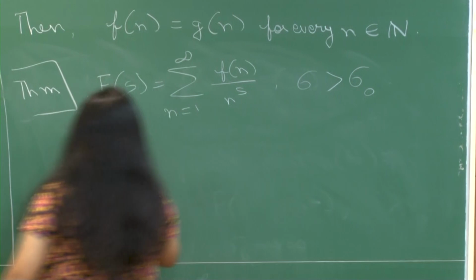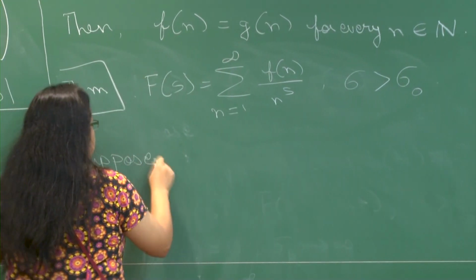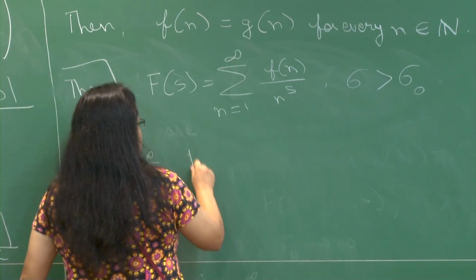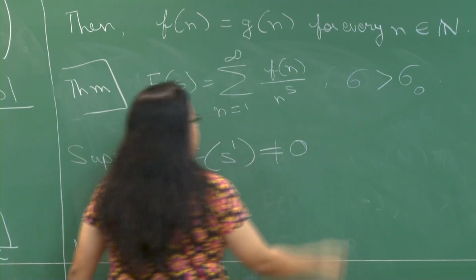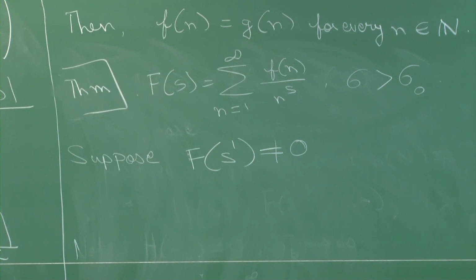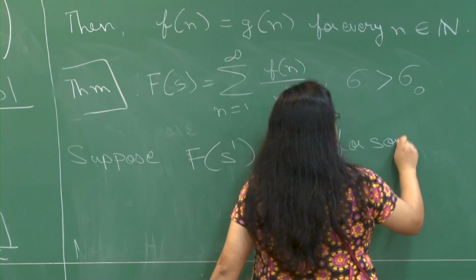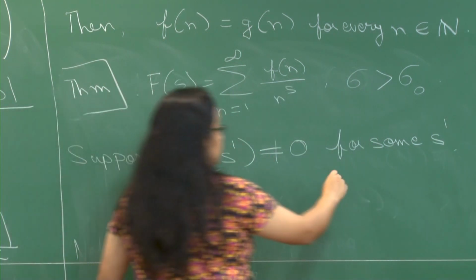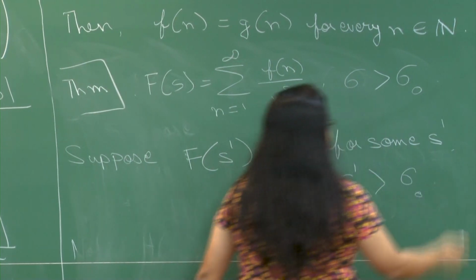Now, suppose there is some complex number s prime at which this Dirichlet series does not vanish, it is not equal to 0, for some s prime where the series is defined. So the real part is greater than sigma 0.